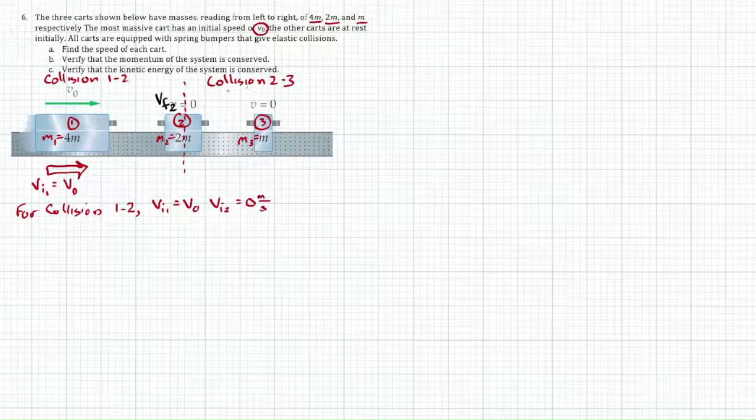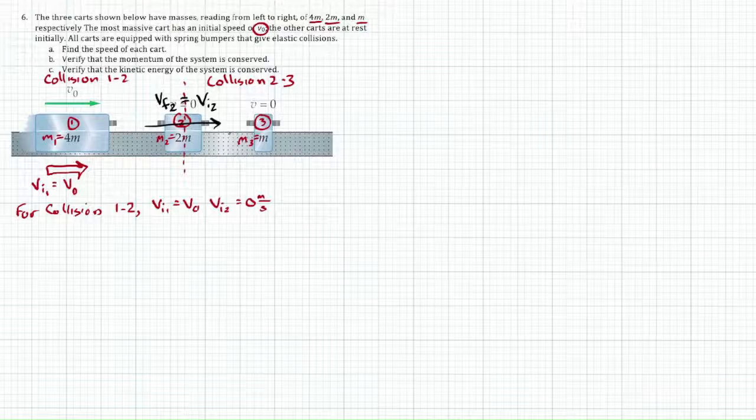And then in collision 2, 3 over here, we're basically going to be saying that this velocity it has after colliding with this first cart is going to be the same thing as what we would call the initial velocity of 2 for that second collision. You see what I'm saying here? The final velocity after the first collision is the same thing as the initial velocity going into the next one.